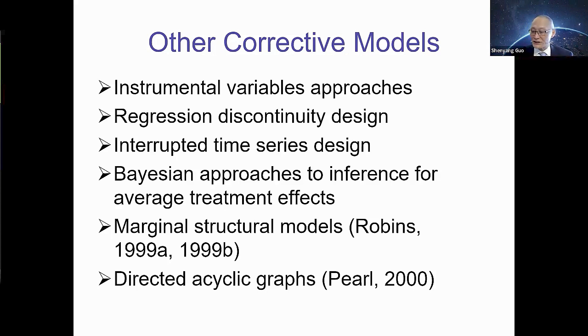As I mentioned, Joshua Angrist from MIT made tremendous contributions to the instrumental variable approach, with very famous papers published in 1996, 1991, and 1990.